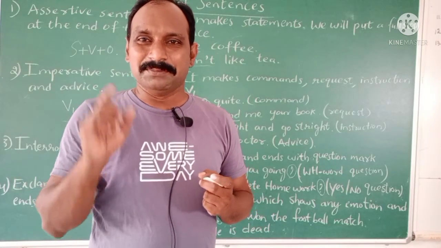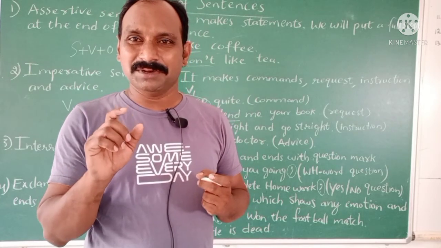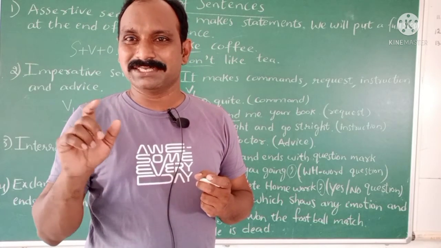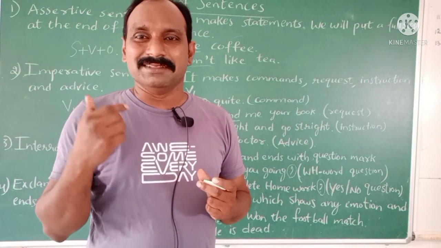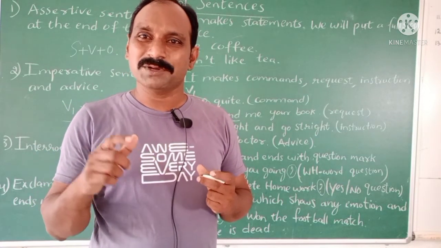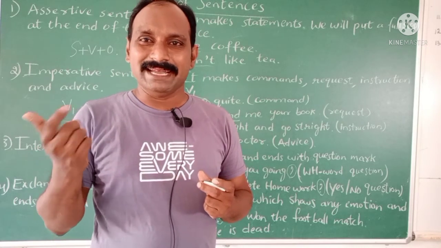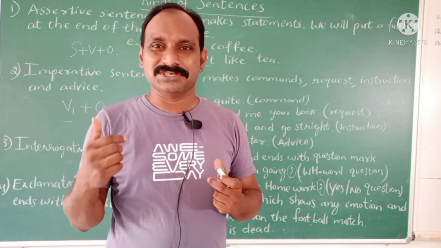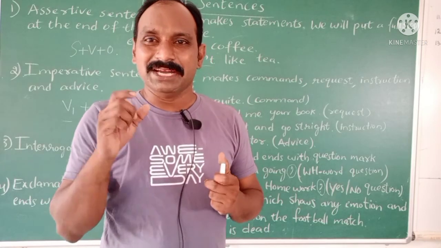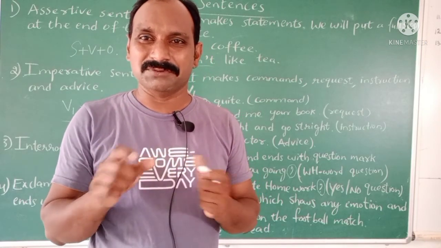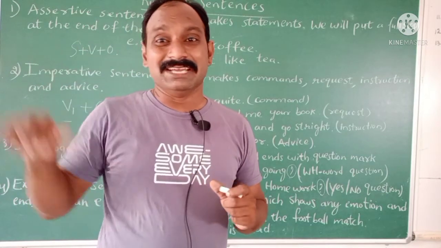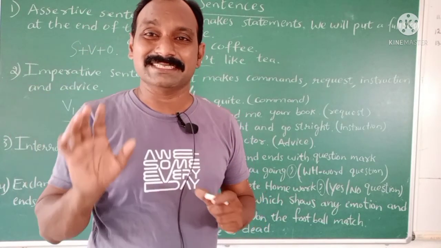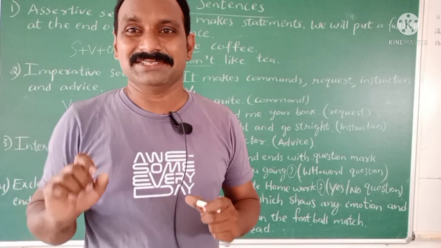Its structure begins with verb 1 plus object and a full stop, and sometimes it begins with the word please, then verb 1 plus object. The interrogative sentence begins with a WH word, question word or how word, and ends with a question mark. We can remember easily that if a sentence ends with a question mark, it is an interrogative sentence.